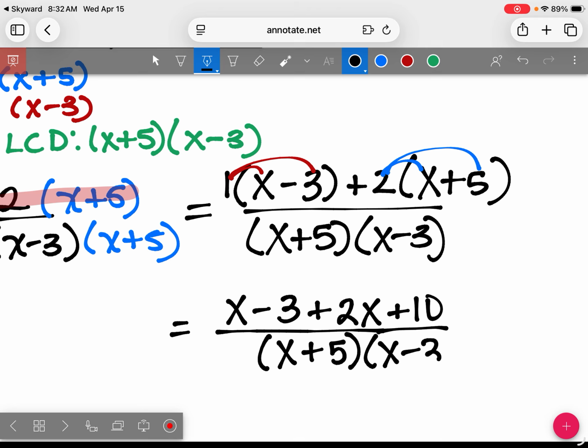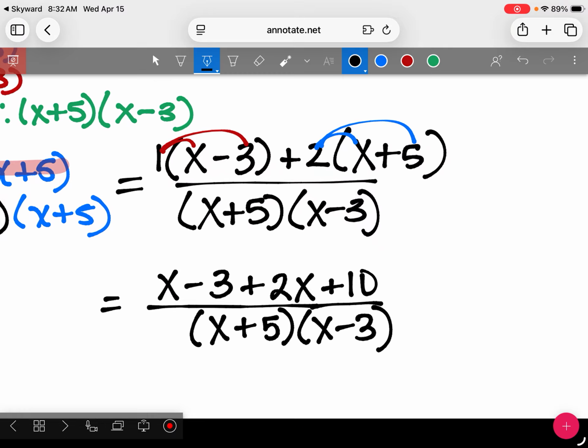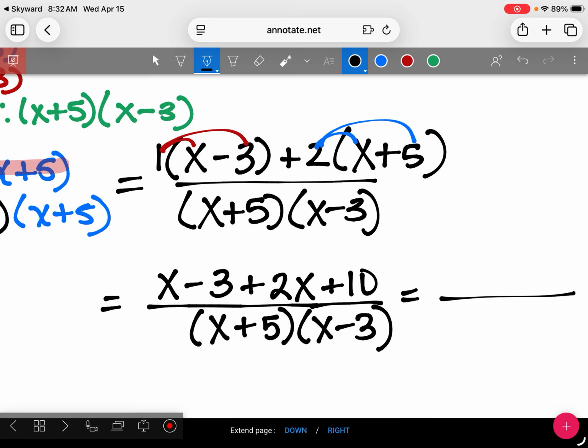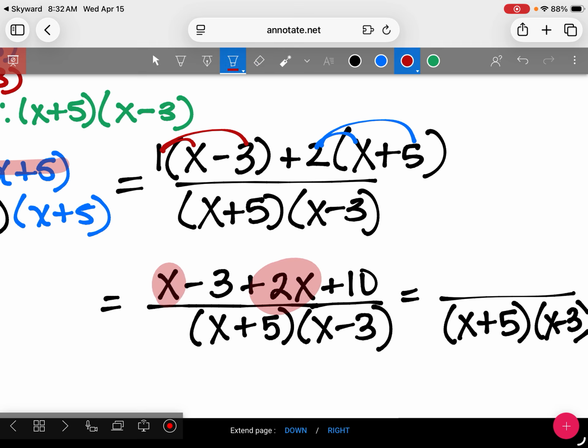Your last step is to look for like terms in the numerator. So in the numerator, you can add together your x's and your numbers.